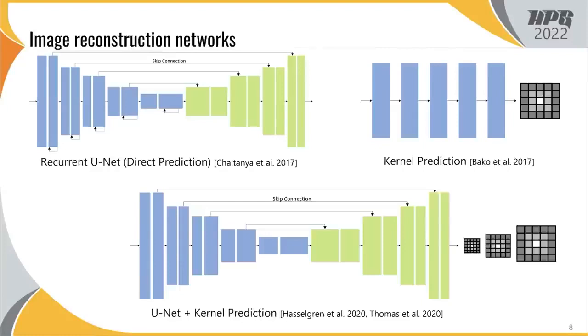Isik et al. and our previous work on quantized supersampling network explored combining U-Net with kernel prediction. Here we predict hierarchical kernels that achieve a large spatial footprint with lower cost compared to predicting a single large kernel. This network is a good candidate for real-time inference.